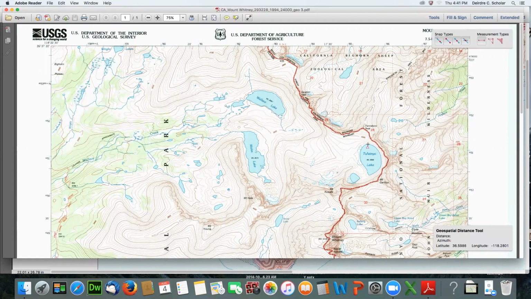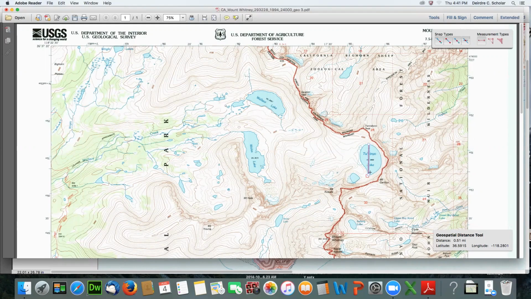From north to south, I'm going to begin my point at the northernmost end of the lake. Let me move it up to the northernmost end of the lake and then extend that line down to the south. I want to straighten this out a little so we get a straight shot from north to south.